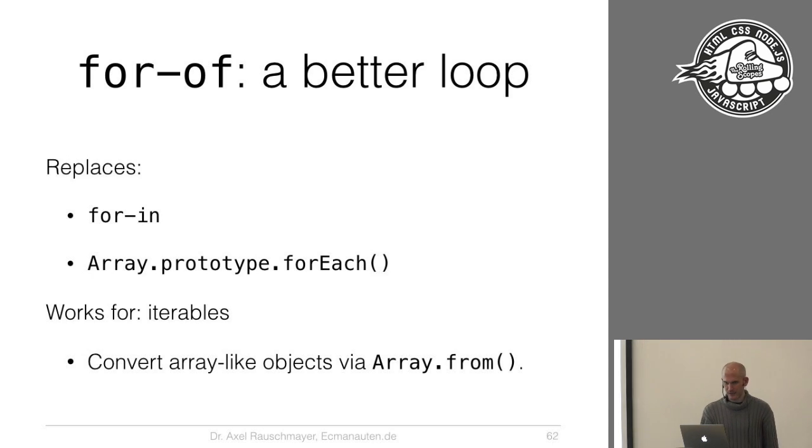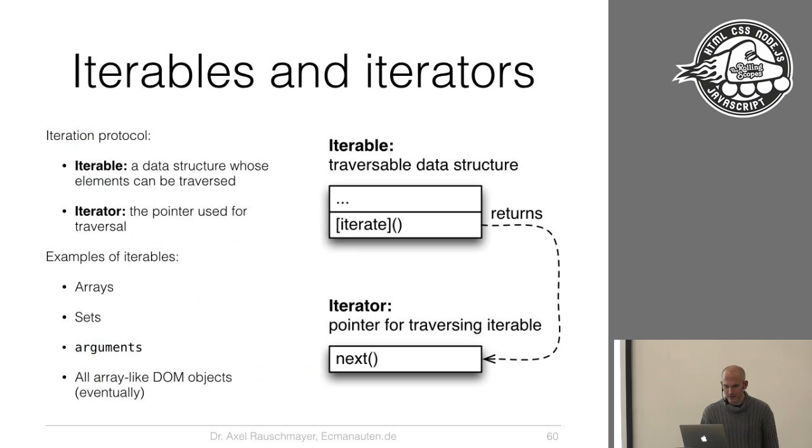And for-of works for anything that's iterable. As we've seen, things that are iterable are arrays, sets, even arguments, so you can use for-of over arguments if you want to. And in the future, all array-like DOM objects will become iterable, so you will be able to iterate via for-of over anything that's returned by the DOM, and you know how unpleasant that is at the moment.